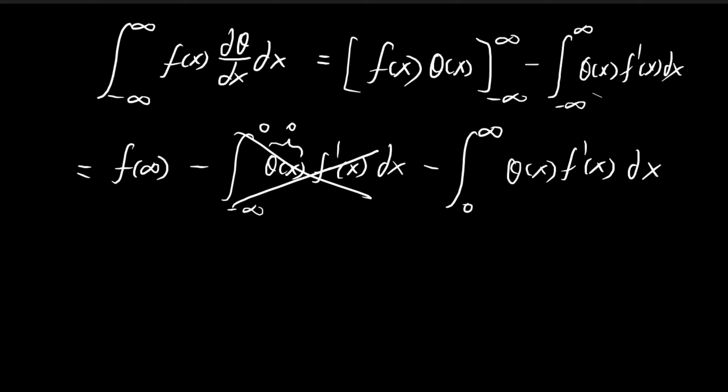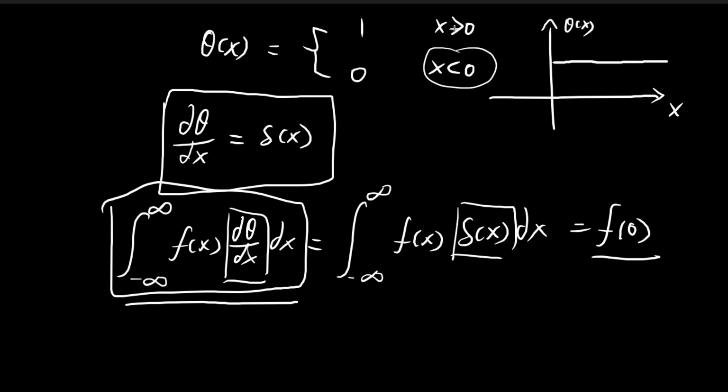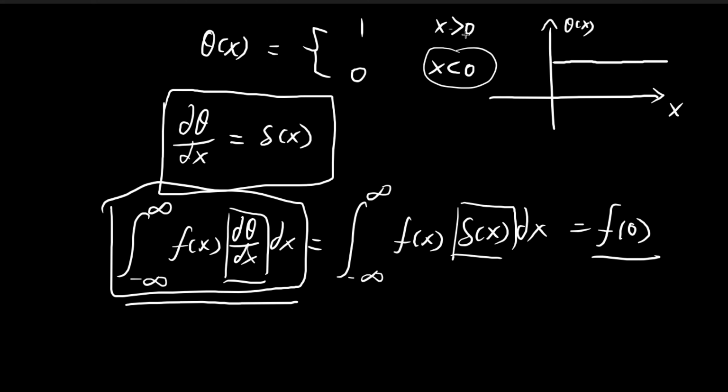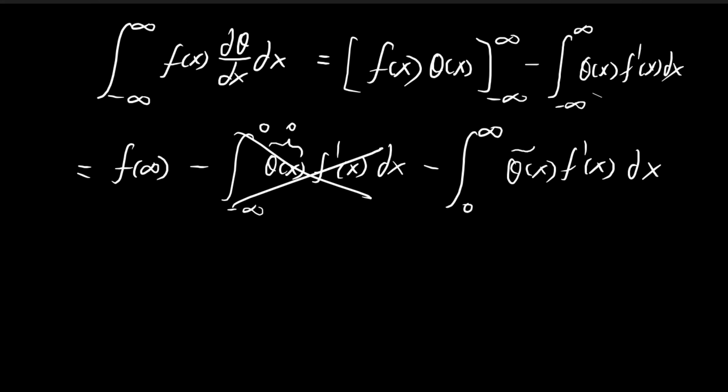So this whole thing is just equal to 0. We can just ignore this. And then 0 to infinity is within the region x is larger than 0, and within this region, theta of x is equal to 1. So this term here is equal to 1. Now I can simplify this a bit further: I can take away the theta of x and replace it with a 1.